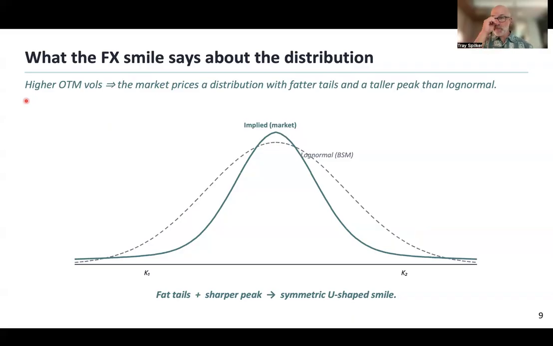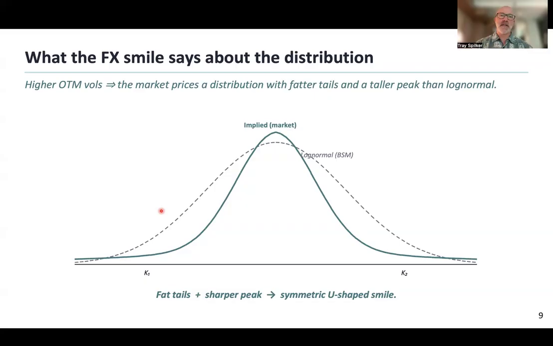Well, the mechanical link here between the smile shape and the implied distribution is that an out-of-the-money option only pays off if the underlying spot price moves a lot, right? So if the market is pricing the out-of-the-money option at a higher volatility than the Black-Scholes-Merton model would, then the market's effectively saying a big move is more likely than whatever the log normal predicts, right?